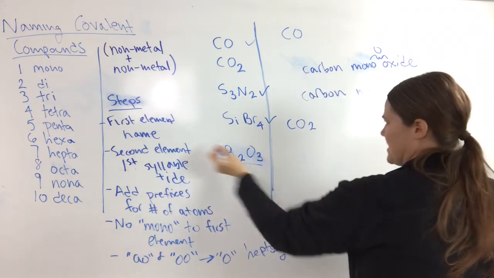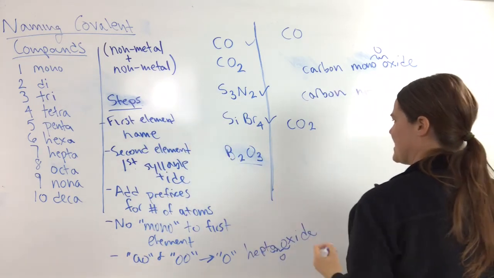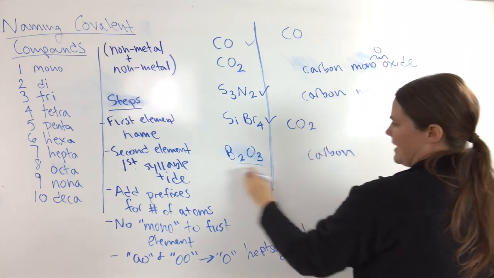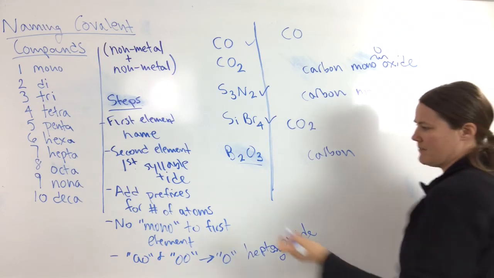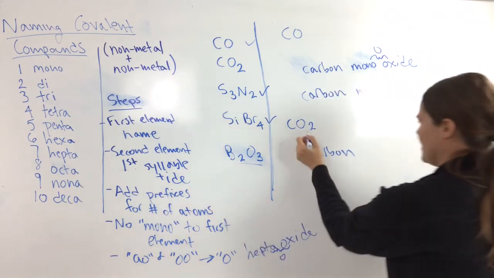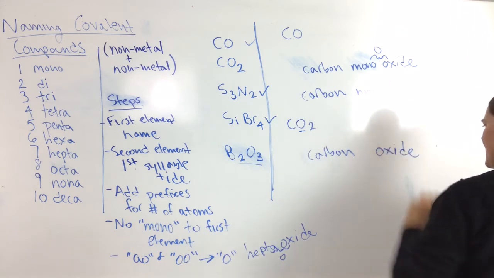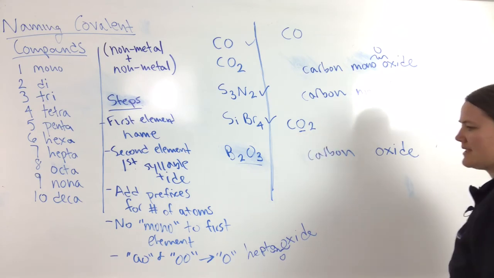Going back up to these steps, we have our first element name, which is carbon. And then we have the first syllable of the second element name with "ide" attached to it. We have oxygen again, so this is going to be oxide.